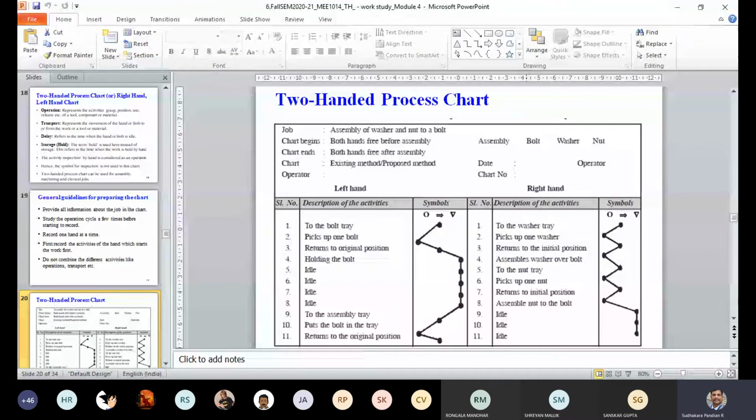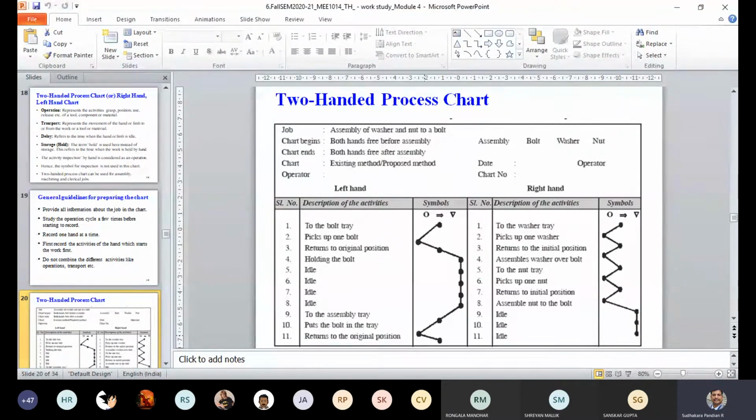Eighth activity, assemble nut to the bolt. Ninth, 10th, 11th activities will be idle. So we come to know the right hand is working on many more activities than the left hand, but the left hand also has some activities, as I have shown.